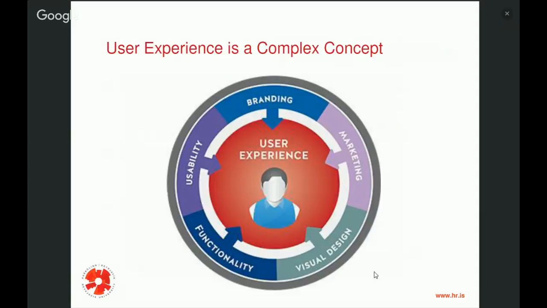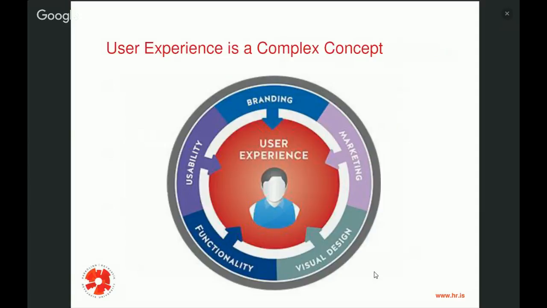I think it's interesting to have some photos, something visual on my slides. So now I've been doing this for some years, that I just Google user experience and check the images I get. And if you do that, you get many schematical pictures of how user experience is actually made.